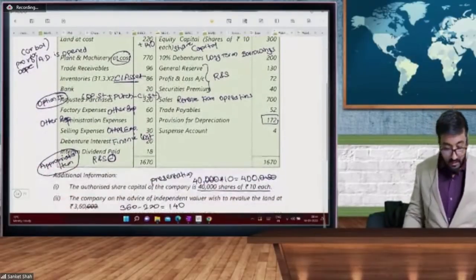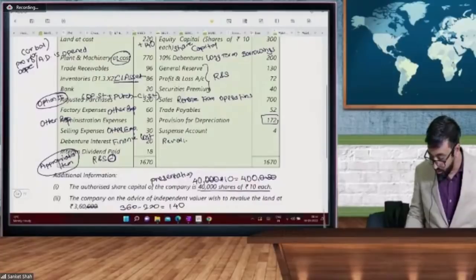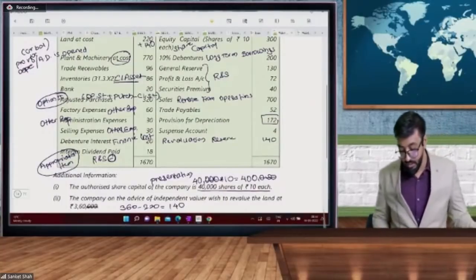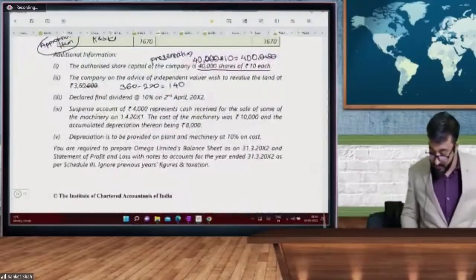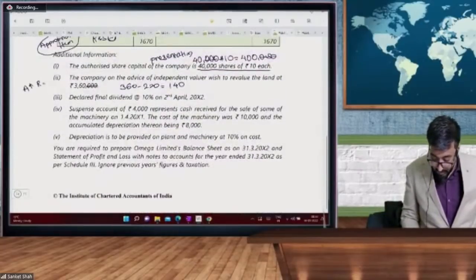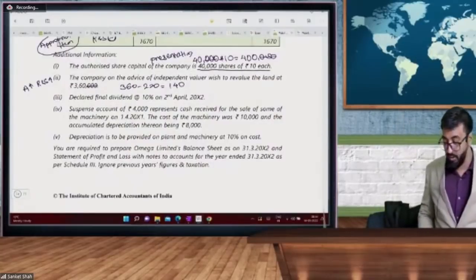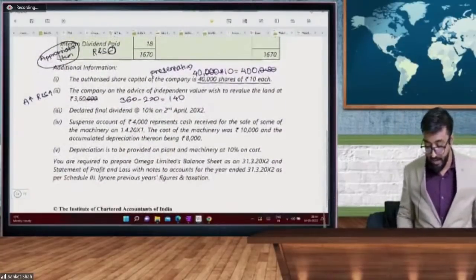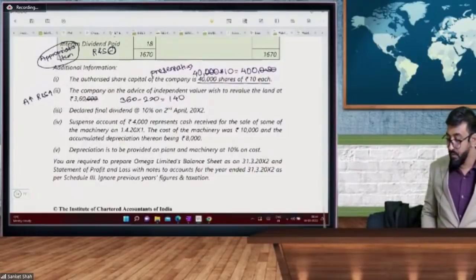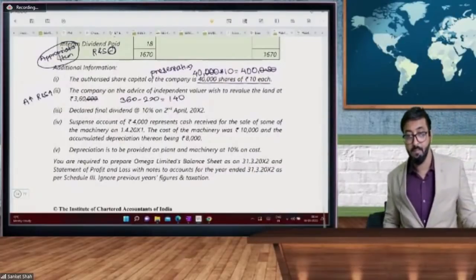And second effect, revaluation reserve. So you have to update your trial balance. So on revaluation, the asset is increasing and reserves and surplus is increasing, by 140 rupees each.